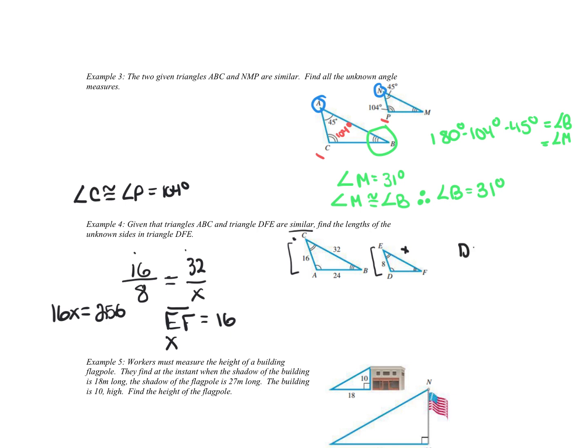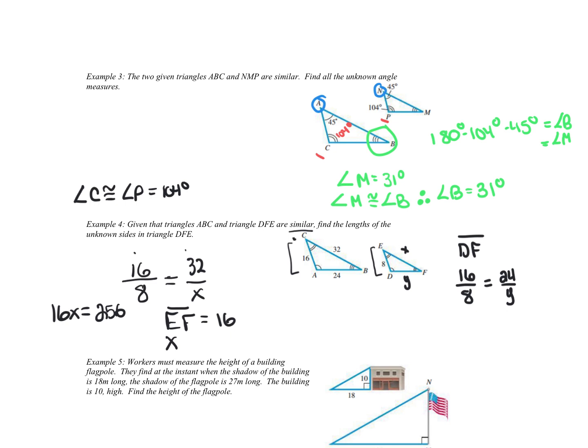If I want to find DF, I'm going to go back and not use any values that I found. I'm going to use what I was given. So I'm going to do 16 over 8, ratios I knew, equals 24 over, we'll call this side y for a second, over y.